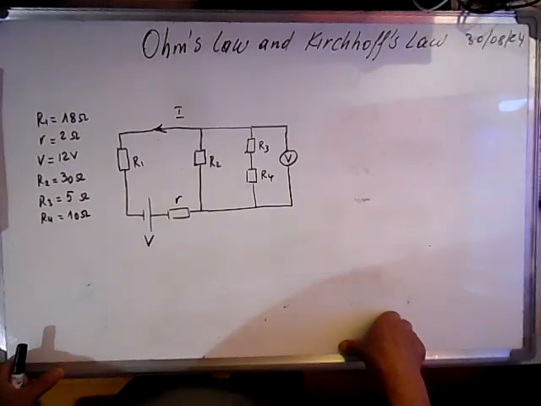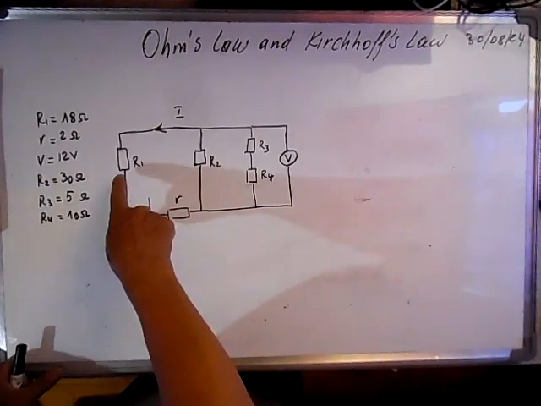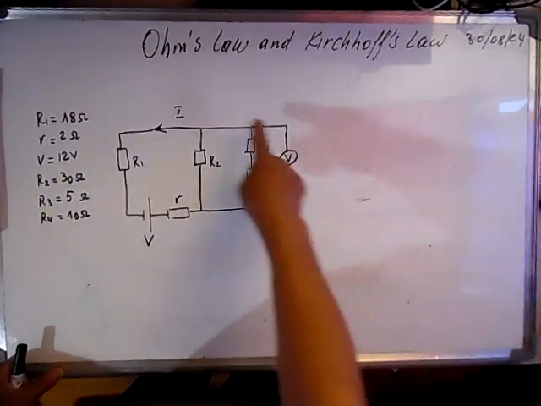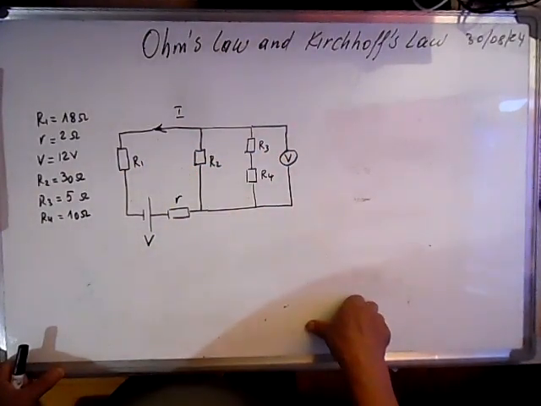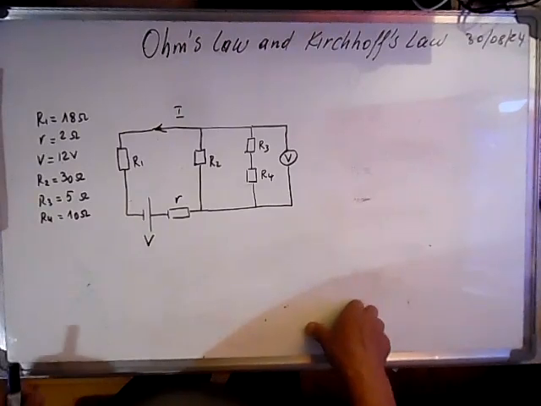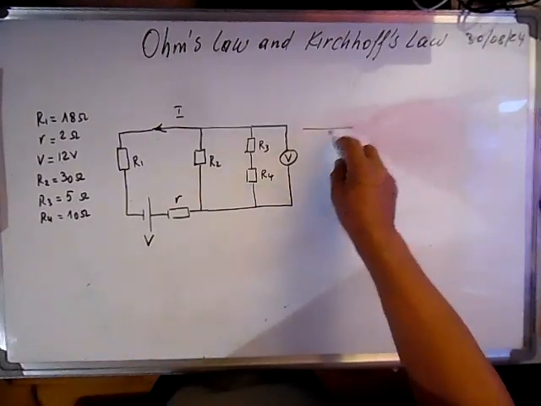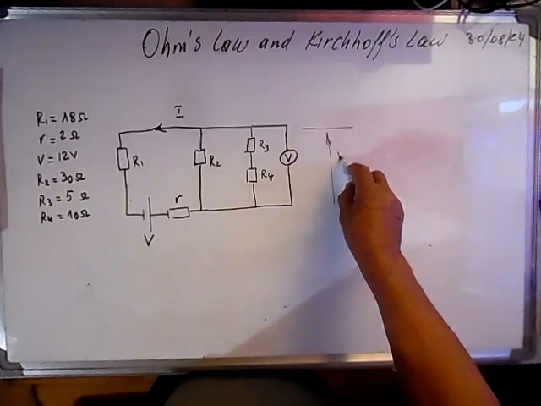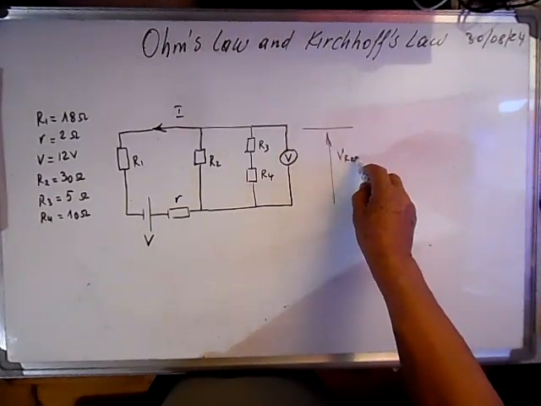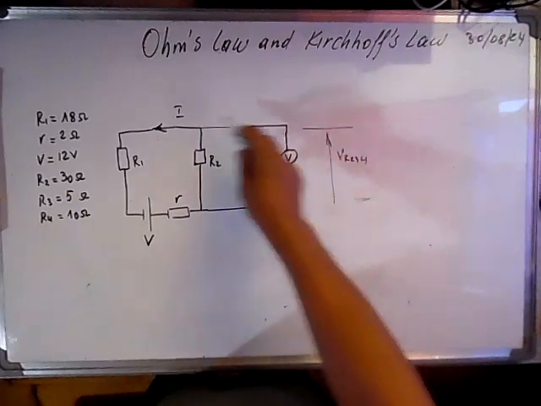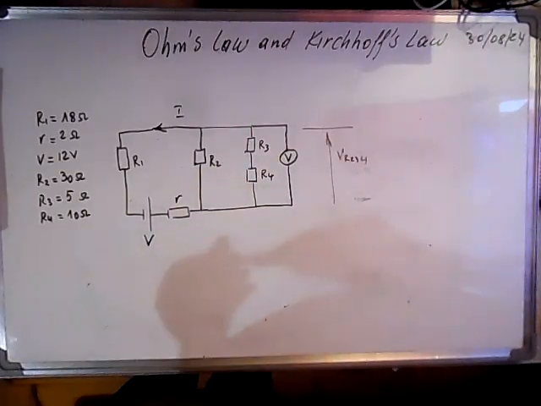We have here 3 resistors that are in series, so if we call it VR2,3,4, it means the voltage across these resistors.